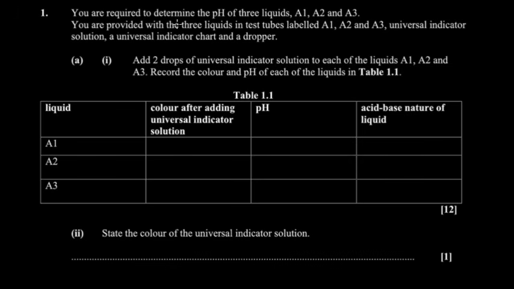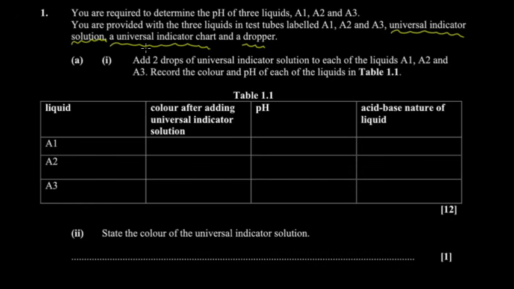Here they will give you a universal indicator chart and a dropper, and they also give you a universal indicator solution like this, which is really great. This is one of the ways that we can test for the pH of a solution.